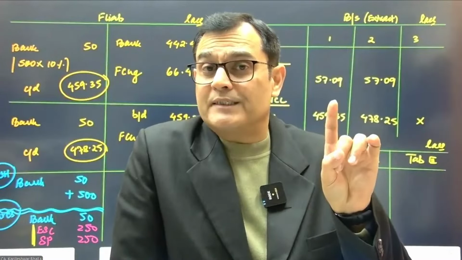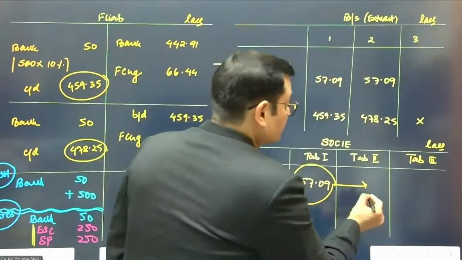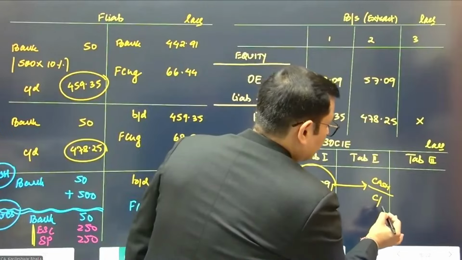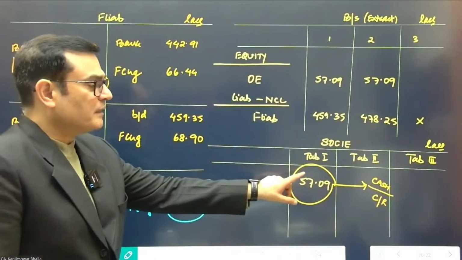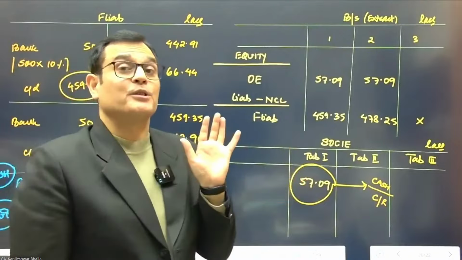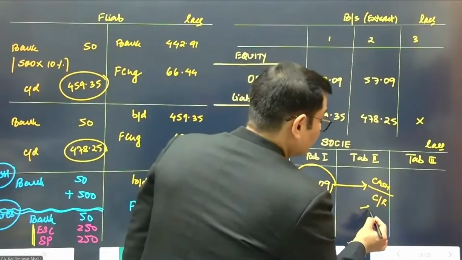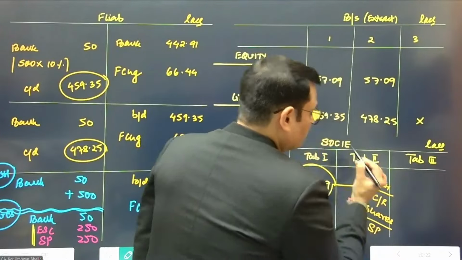If the holder says, I want cash, I will put this money in tab number 2 under the head capital reserve. Because now this money has become a capital gain to me. And if the holder says, I want shares, then I'm going to put this money in terms of share premium.